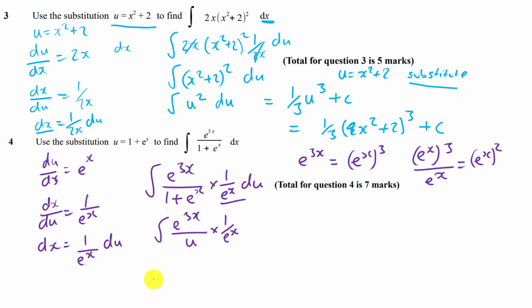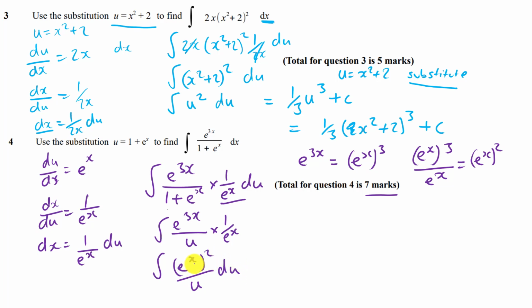So this one is a bit more challenging, and you can see it's 7 marks, so there's a bit of manipulation here. So that's going to become e to the x squared over u du. We're almost there.